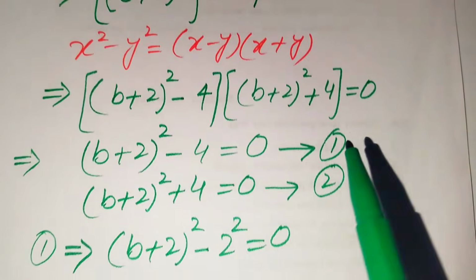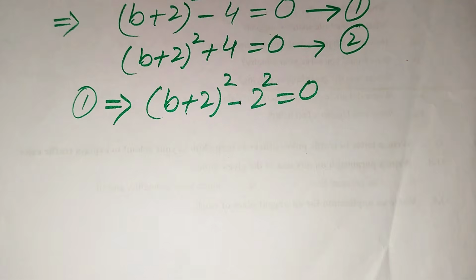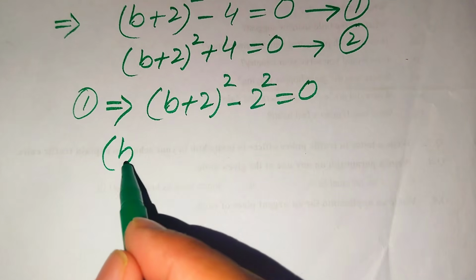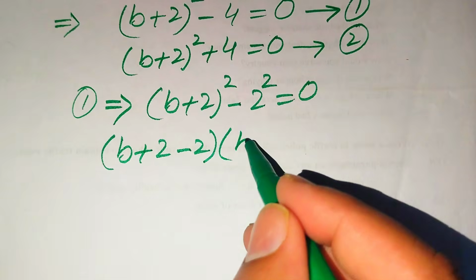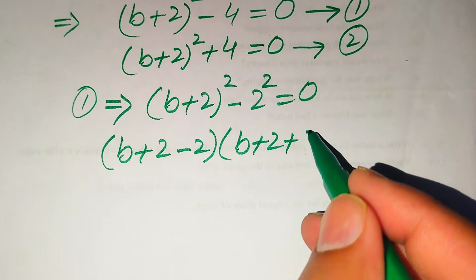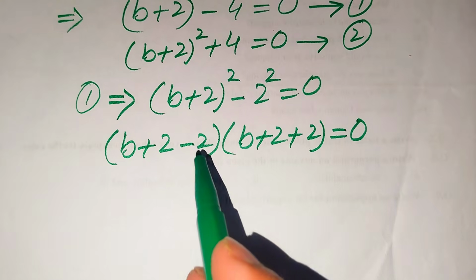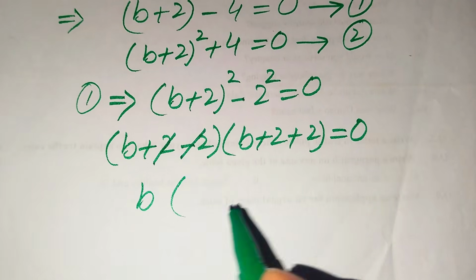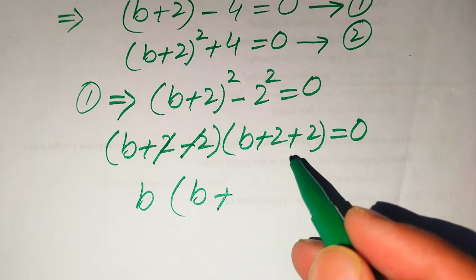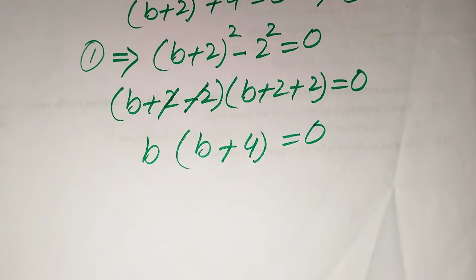So here we again use this nice algebraic formula. According to the formula, this will be written as (b+2-2) times (b+2+2) equals 0. You see here negative 2 and positive 2 are gone, and we get b times (b+4) equals 0.